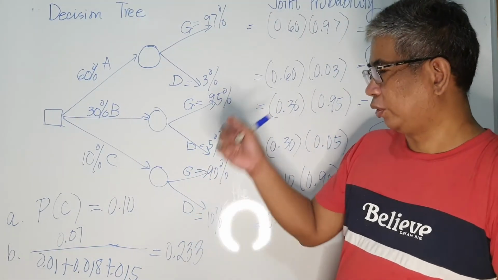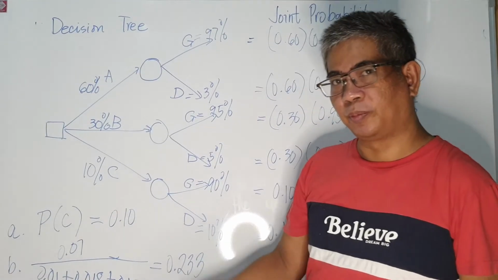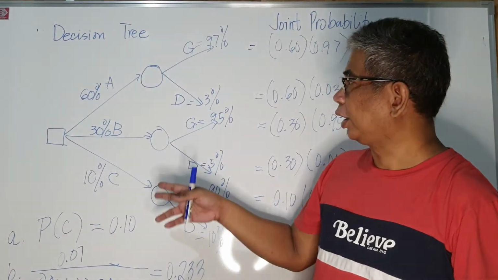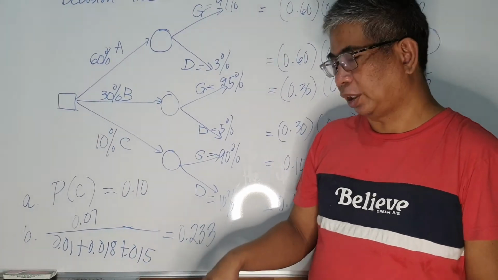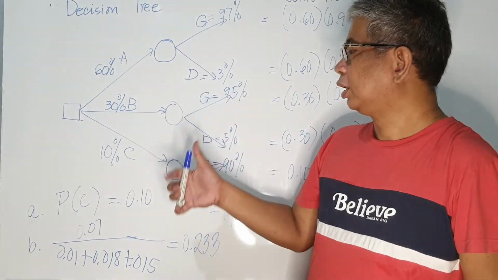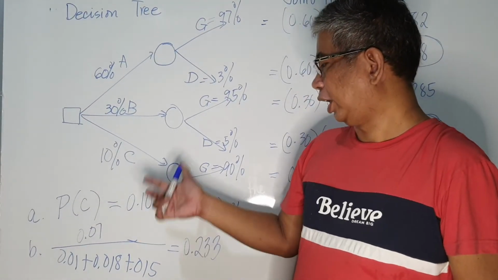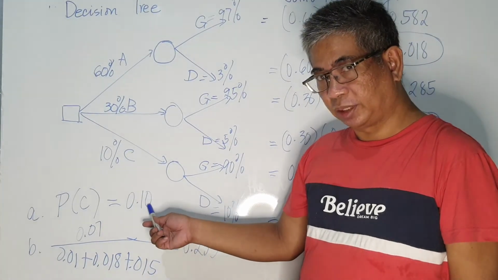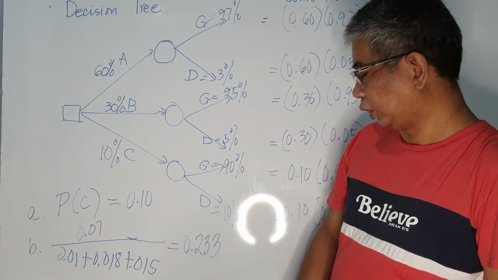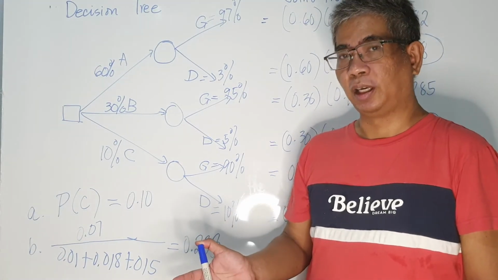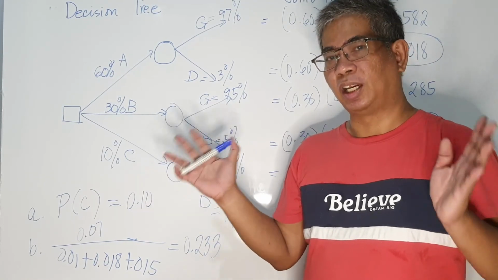So when you select a sample from all sources of production, machine A, B, and C, so there's a 0.233 or 23% chance na ang defective product na yun ay galing sa machine C. Take note, from 0.1 or 10% nagiging 0.23 or 23% ang chance. Okay? So that's the impact of additional information.